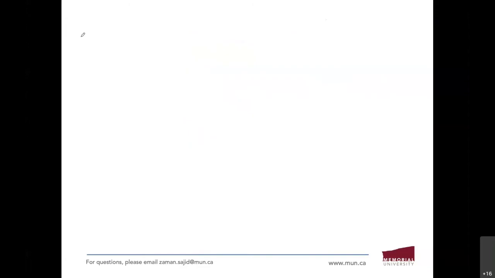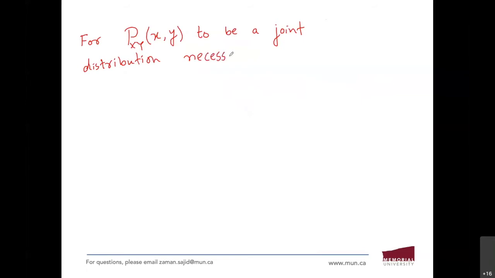For P of x, y to be a joint distribution, the necessary and sufficient conditions are as follows.